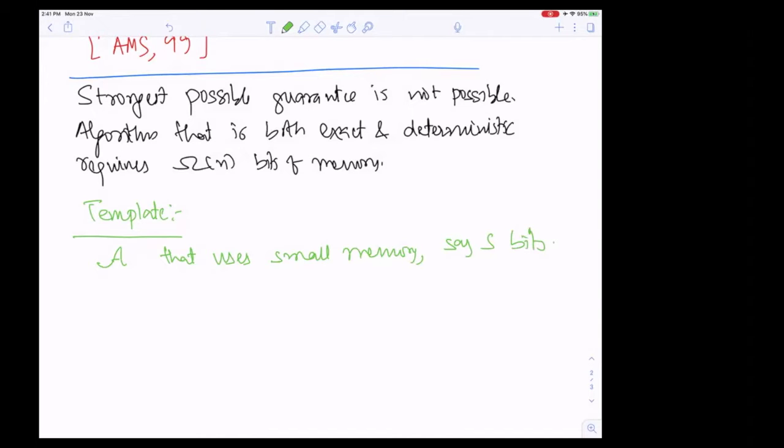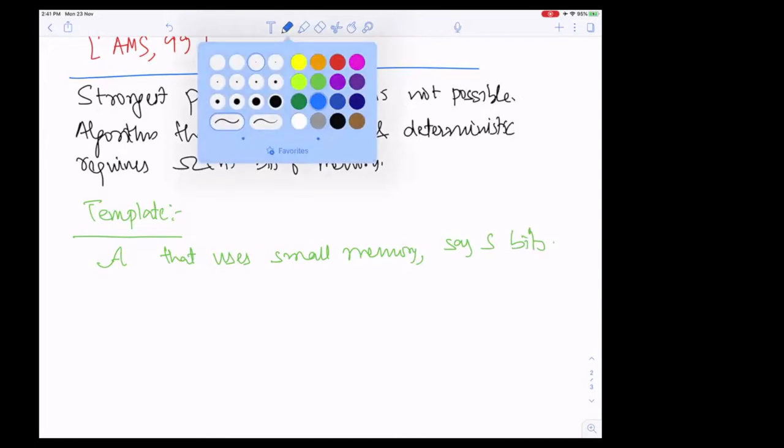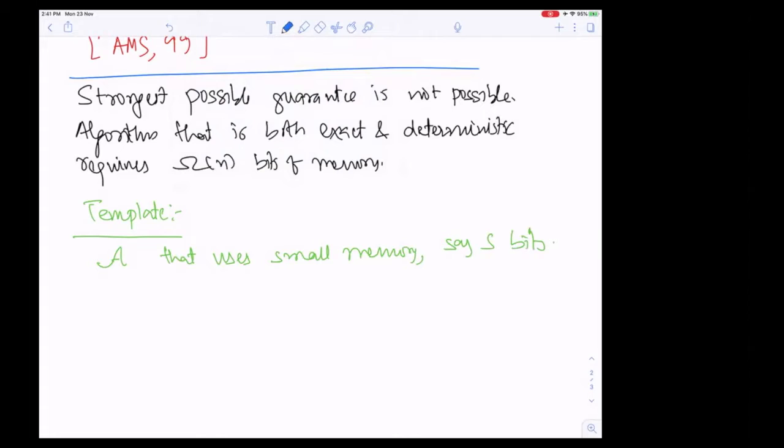Okay. Now, with the help of this, we are going to give a function which we are going to call encoding, from some set A to {0,1} to the power g(S).